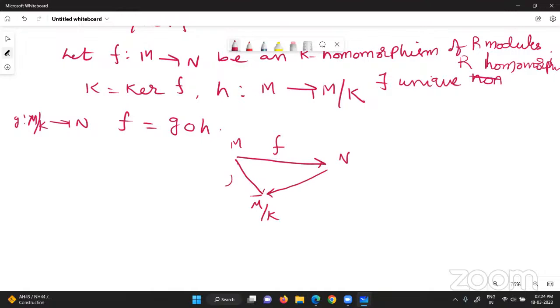If this is H and this is G, then you have F. So F is G circle H. Also, G will be a homomorphism if and only if F is an epimorphism. I told you onto homomorphism is known as epimorphism. And H is an isomorphism if and only if F is a monomorphism. A 1-1 homomorphism is a monomorphism.